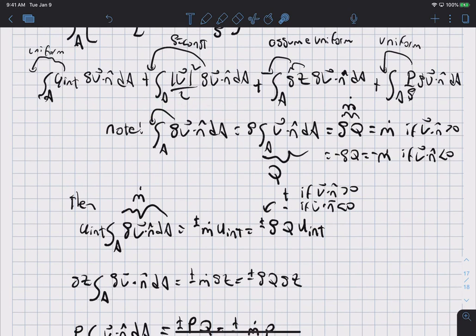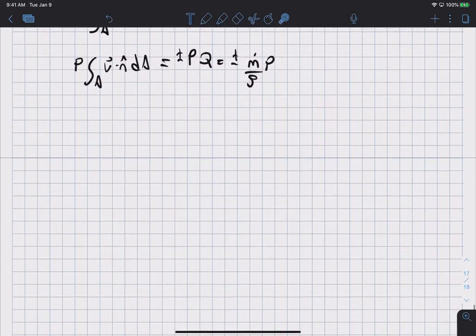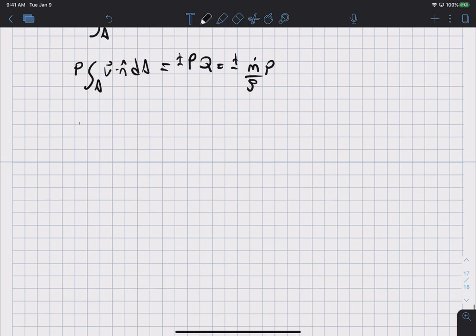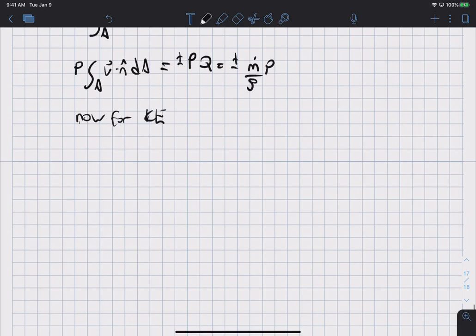Now we just got the kinetic energy term left. So that, unfortunately, we can't do too much with. And so we actually need to stick in the velocity profile and integrate it. Okay, and so the integral now for KE, the integral over the area of v squared over 2 rho v dot n hat dA.